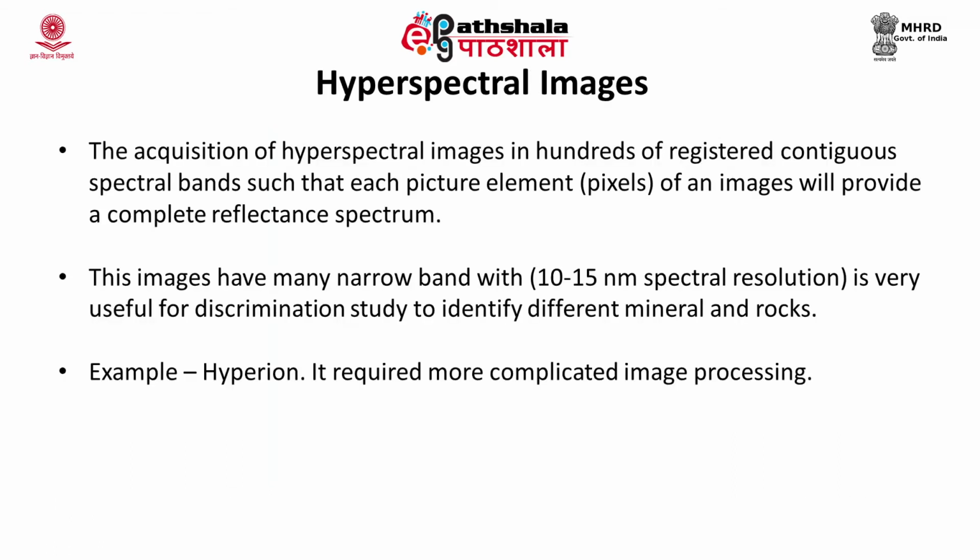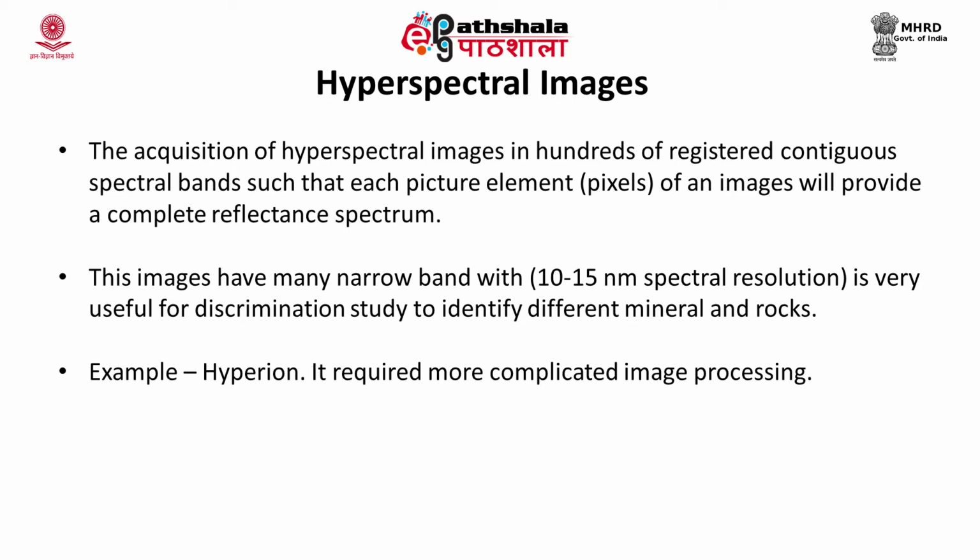If you look at the hyperspectral, due to the advancement in technology, now we are collecting information in the hyperspectral range, and there you can see hundreds of narrow bands are present. So, we will get more detailed information about the particular mineral and rock.